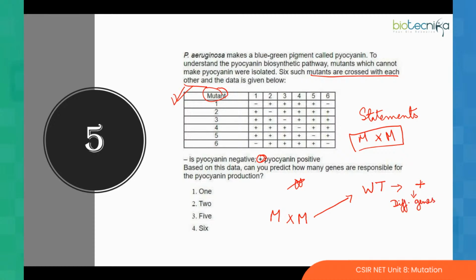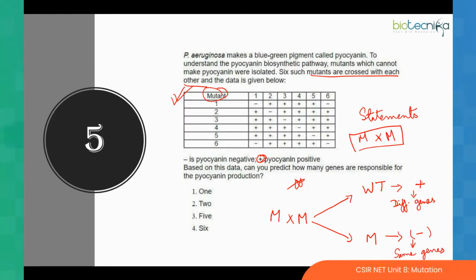Mutations in different genes will complement. If a mutant crossed with a mutant gives the mutant phenotype again in F1, complementation has not happened. And why has complementation not happened? Because the mutations were in the same gene.